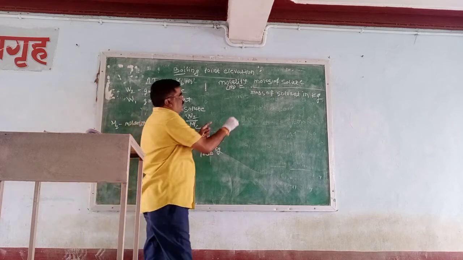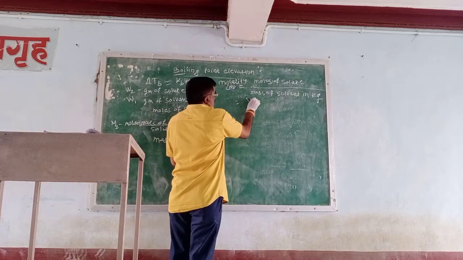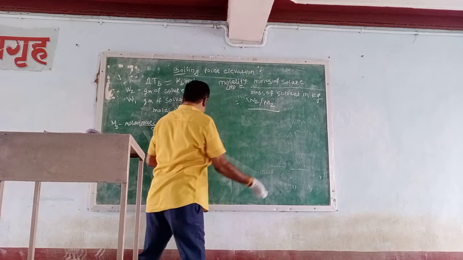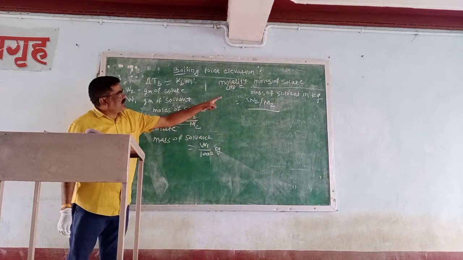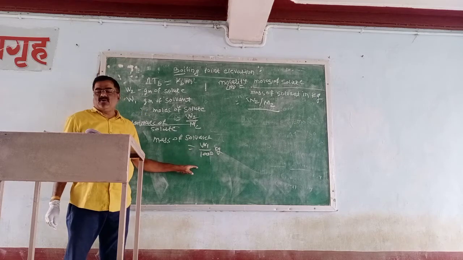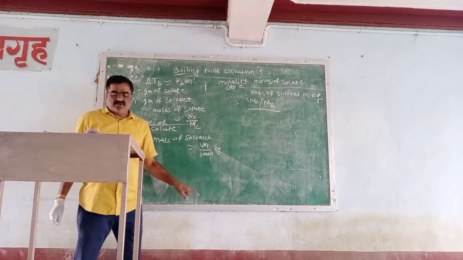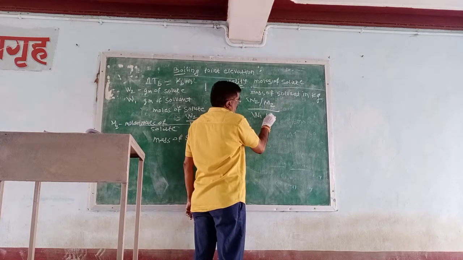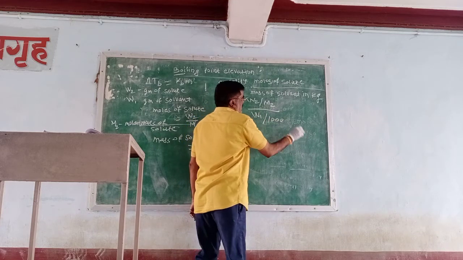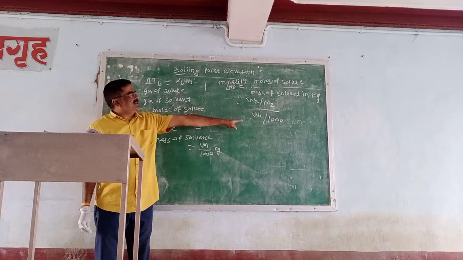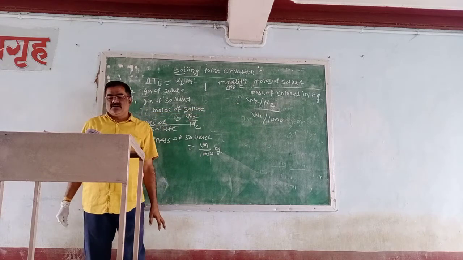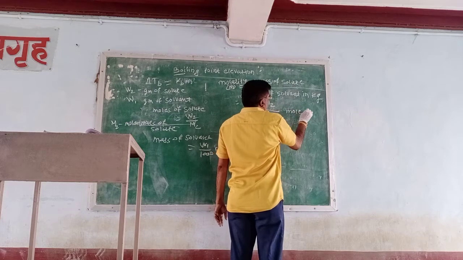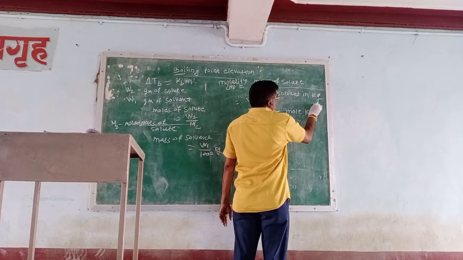So m is W2 upon M2 divided by W1 upon 1000, because the mass of the solvent is needed in kg, that is mole per kg.